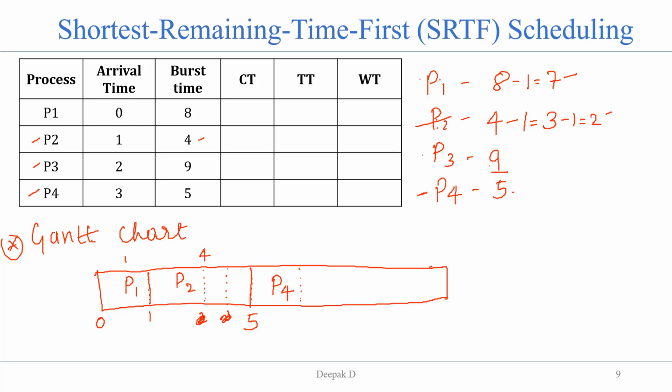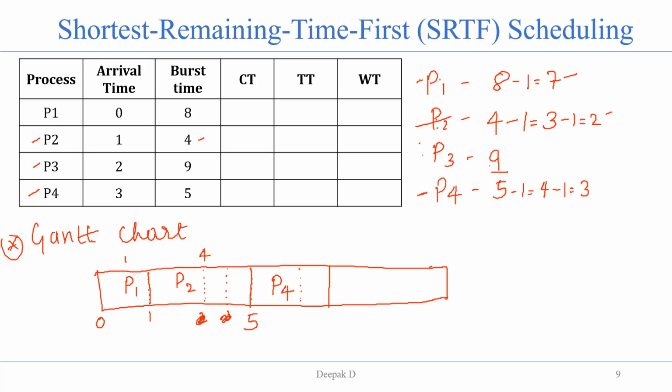If I execute for 1 millisecond, the remaining is 4. Again I compare with P3, P4 and P1. P4 is shortest. Again I execute for 1 millisecond and remaining is 3. Again I compare, so this process will continue. At last P4 will be the shortest compared to all other processes, that is P1, P3 and P4.